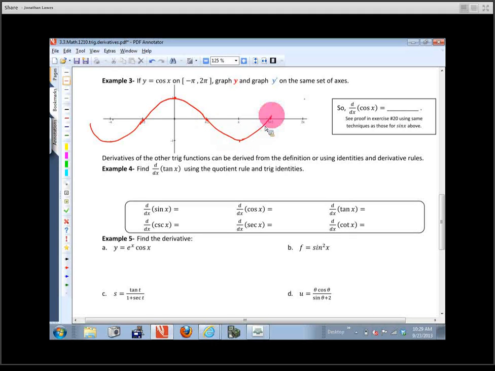And then we could run through and we could do the same thing. Now I'm going to do this in blue. So this is the original cosine curve. Now I'm going to graph its derivative. 0, 0, and 0. So it would be 0 here, 0 here, and 0 here. 0 again here, I suppose.